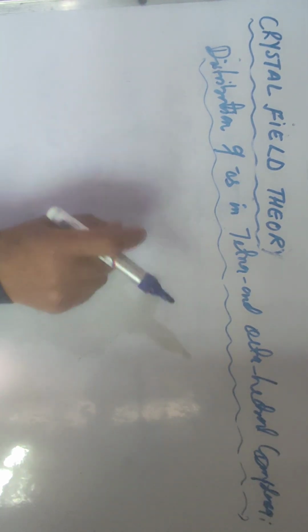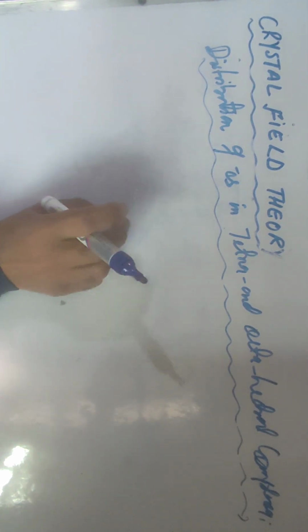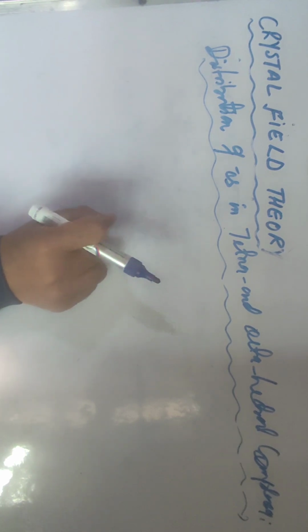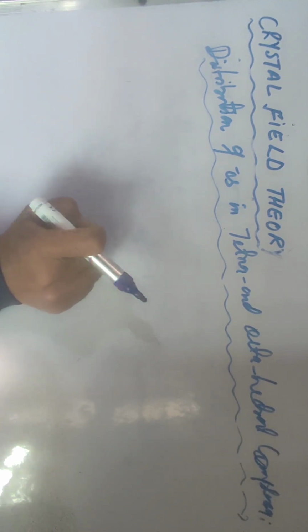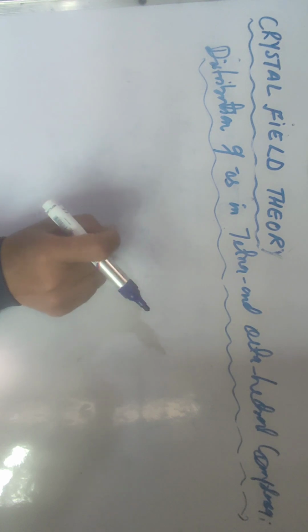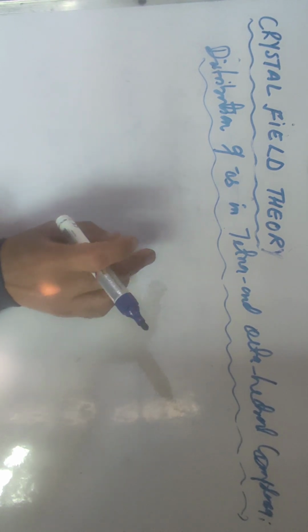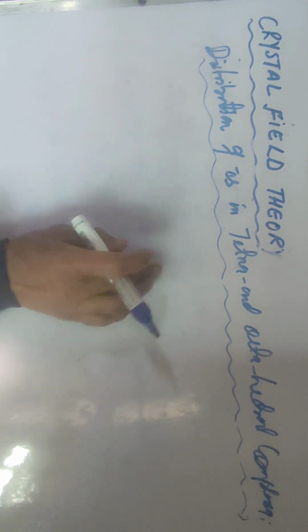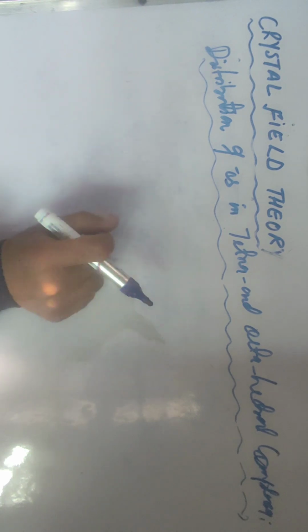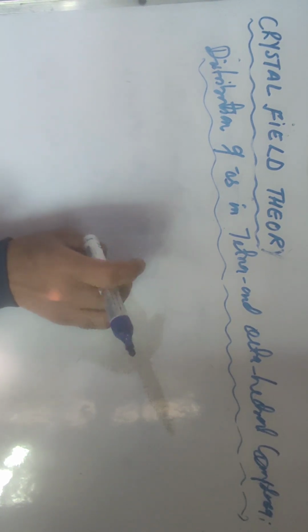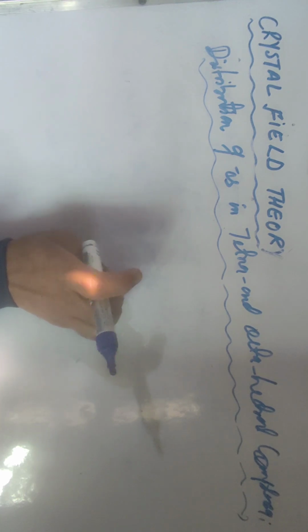If you have a strong ligand, it will strongly split the d orbitals, increasing the energy gap. The strong ligands will always prefer to pair the electrons, while the weak field ligand will prefer to keep the orbitals half filled. So because of this effect of the ligands, there are two possibilities.